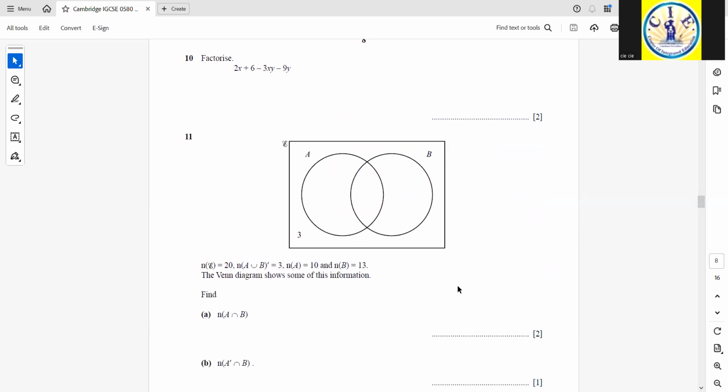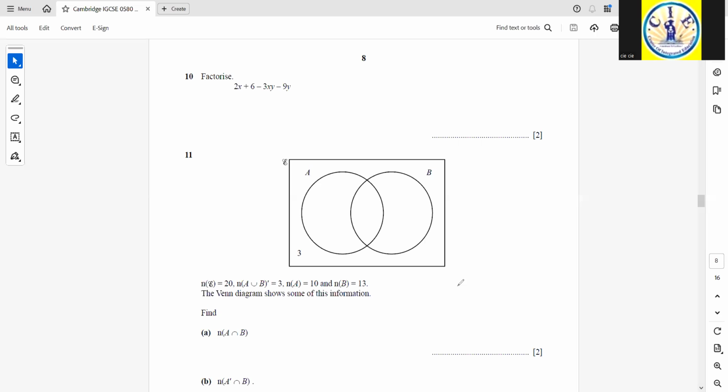Okay, now question number 10. Factorize. We can factorize it in different ways. Let me combine these two terms. We can take 2 as a common factor, and from the first term I'm left with x, and this 6, obviously it can be written as 2 times 3. So 2 being taken common, I'm left with this 3 inside the bracket.